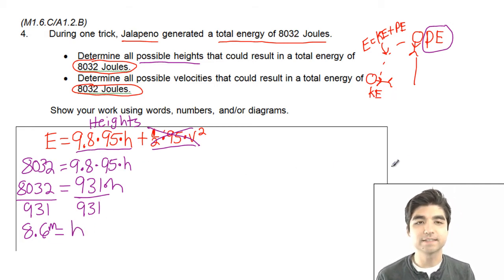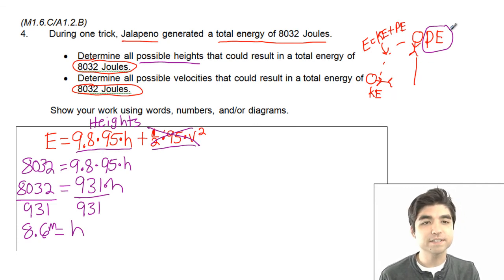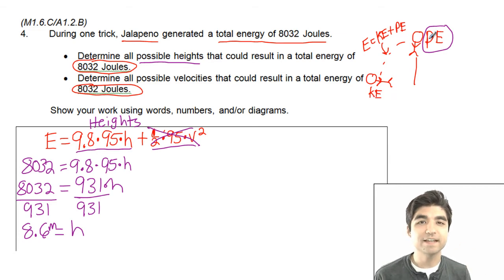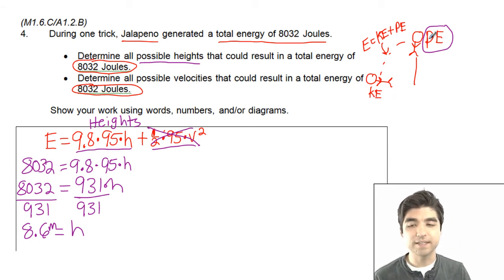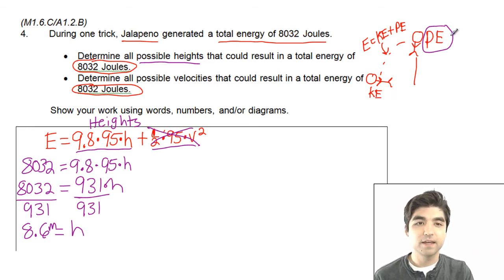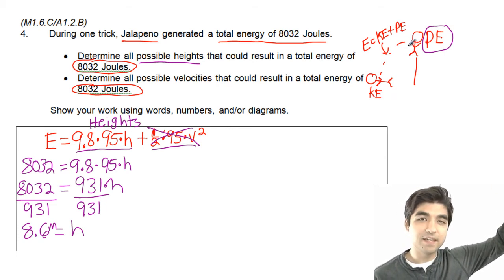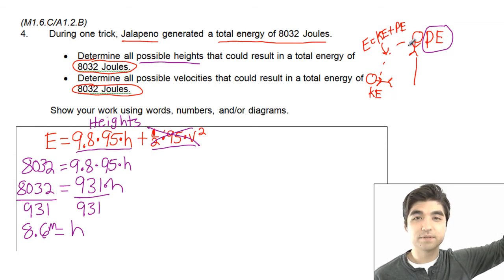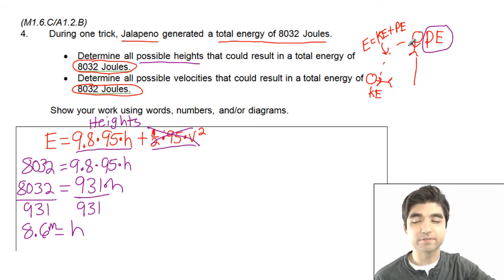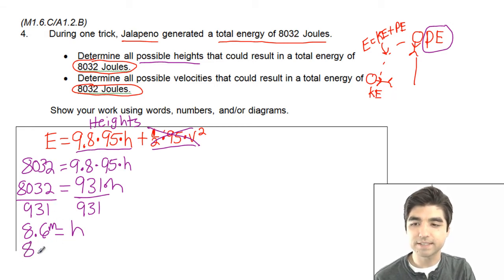A little comment about this. This is when you have all potential energy. This means for him to have 8,032 joules, he needs to be up 8.6 meters high. When he jumps off, think about this: his max height is going to be 8.6. Is he going to go to 9? No. The height is always going to go down from there.